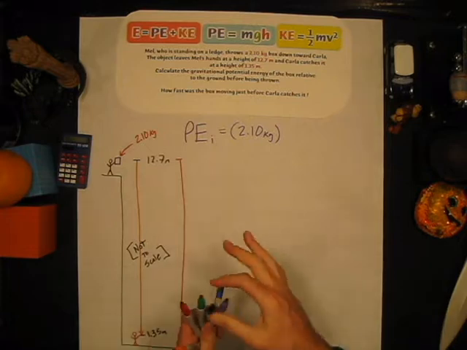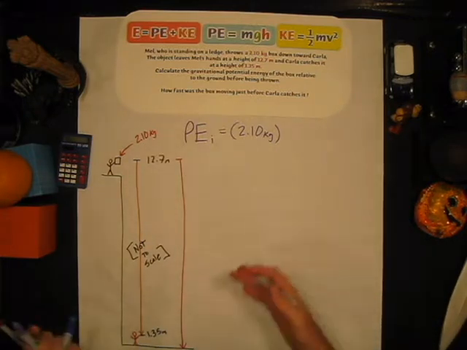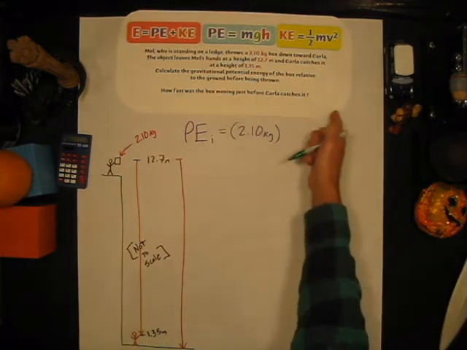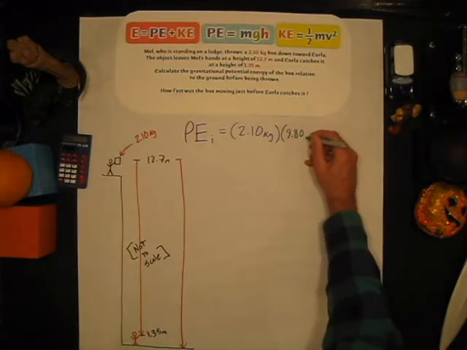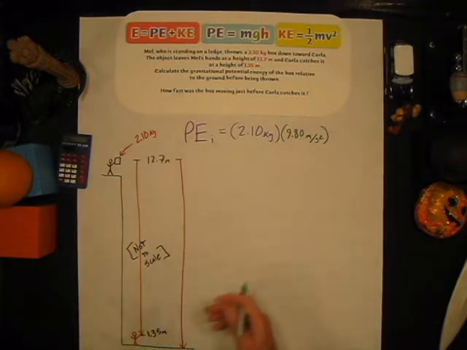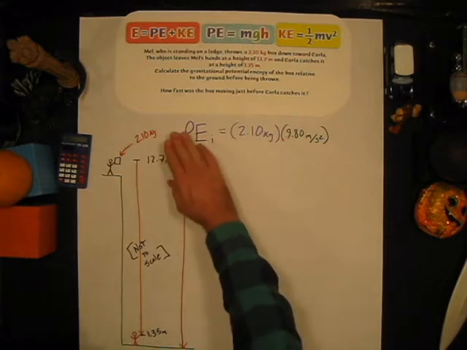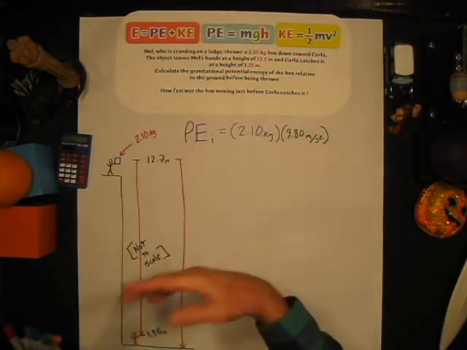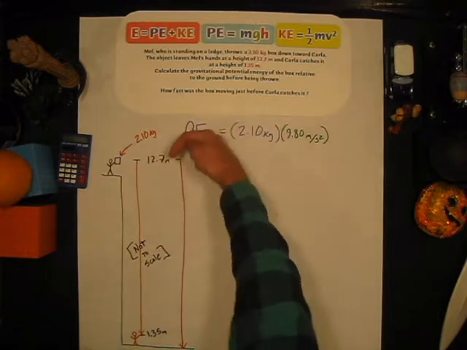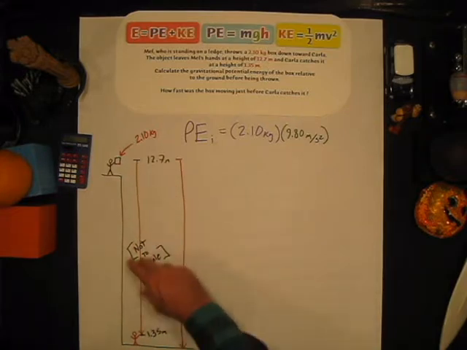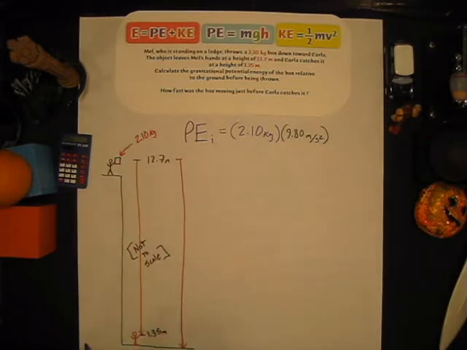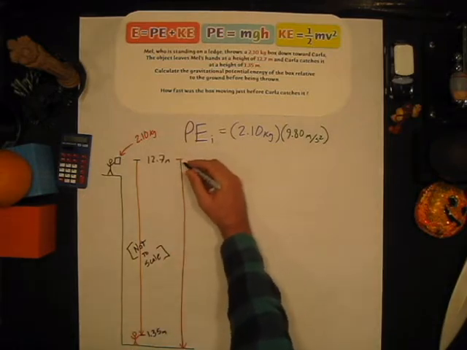G, Earth's gravity, I'm assuming this is Earth, 9.80 meters per second squared. Let's not worry about the negative or positive because we know which direction it's going. And then what's the h? Is it the difference between those or is it the total? It is actually the total, the 12.7.